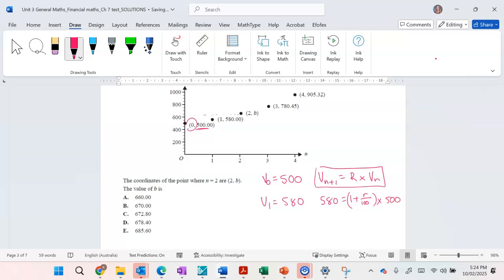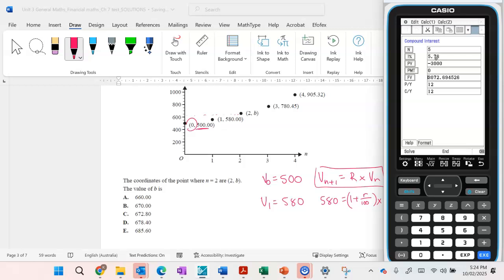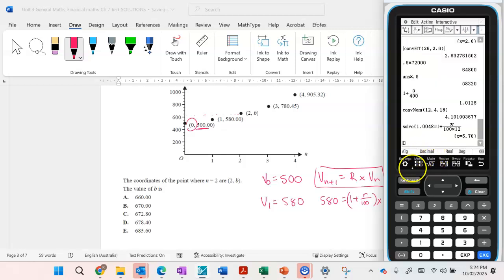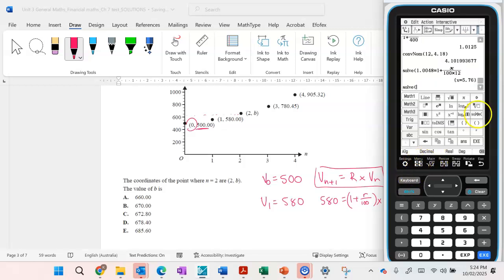All right, so I can solve for R just like I did before. All right, so we go to solve. 580 equals 1 plus, oh no, sorry, didn't do R this way before, did we?